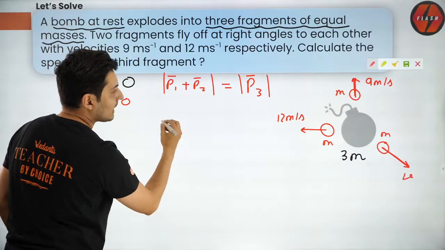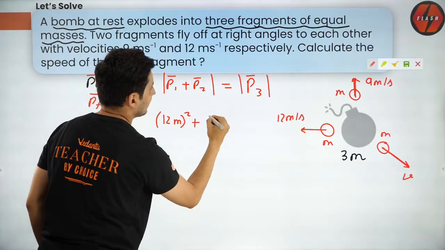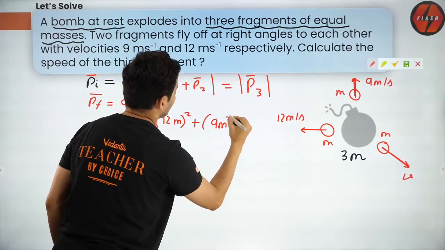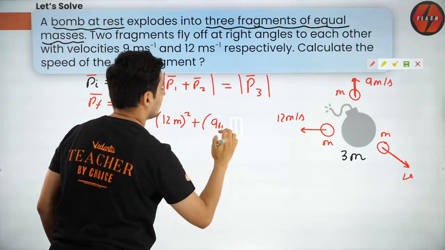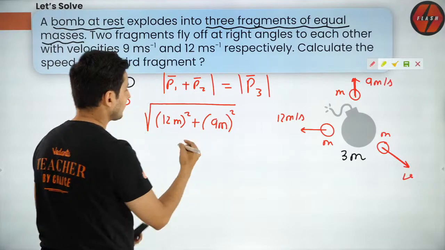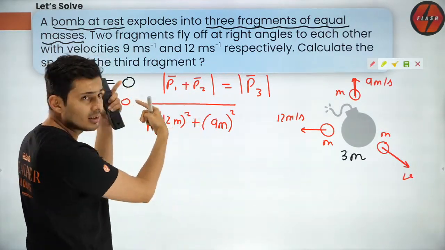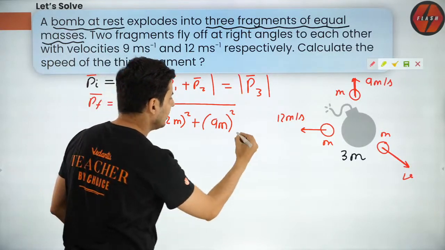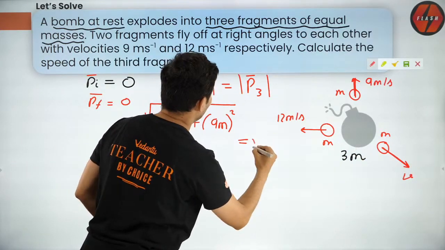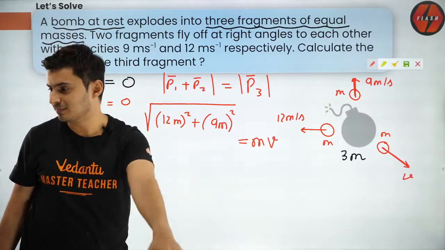It will be the root of (12m) whole square plus (9m) whole square. Why the root? Because I'm taking the resultant, right? So the root of a square plus b square, using Pythagoras or the vector formula, should be equal to the third mass's momentum, which is m into v. I hope this is clear how this has been done.